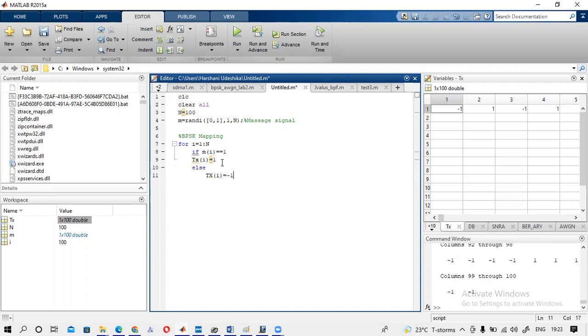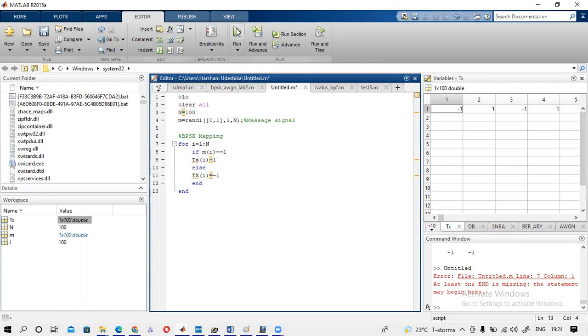Actually this is like bipolar line coding. Just like the bipolar line coding. So this will be my message signal.